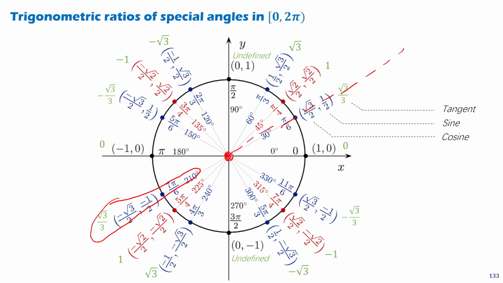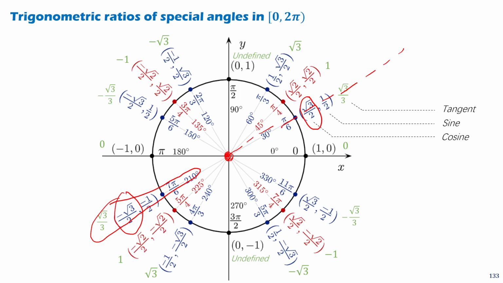Therefore, their sines should be opposite to each other. So we know sine 30 degrees, or sine of pi over 6, equals 1 over 2. Then we know the sine of 7 pi over 6 should be opposite to this value, which is negative 1 over 2, right?